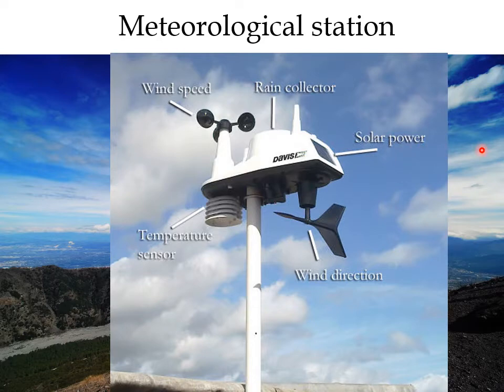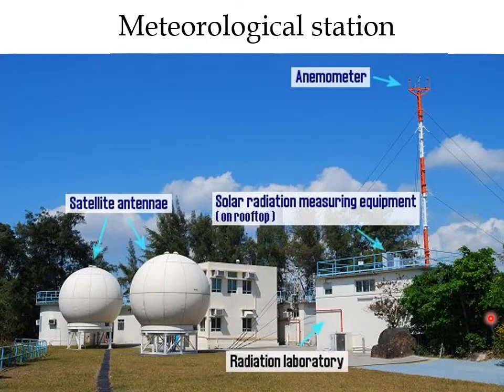Well, it doesn't study solar power, sorry, it simply collects the solar power for making electricity for all the station to work. This measures the wind direction, it is a weather vane, and this is a sensor of temperature, so a thermometer. Here we can see a meteorological station which is larger for more complex studies, for example, to measure the solar radiation.